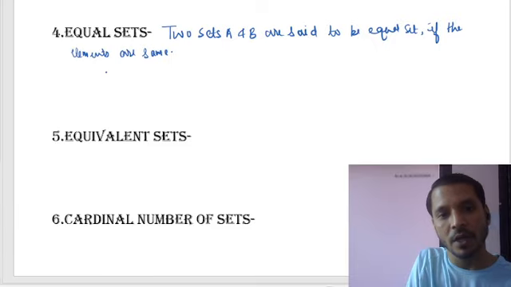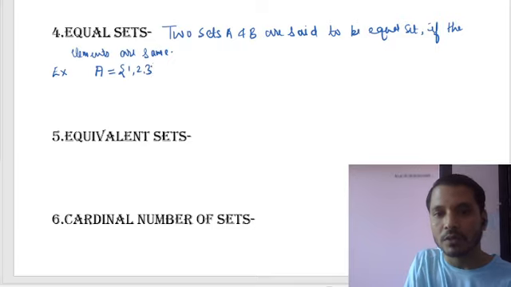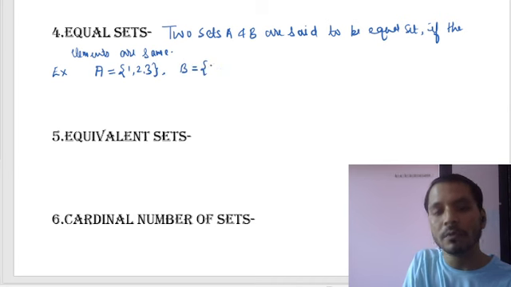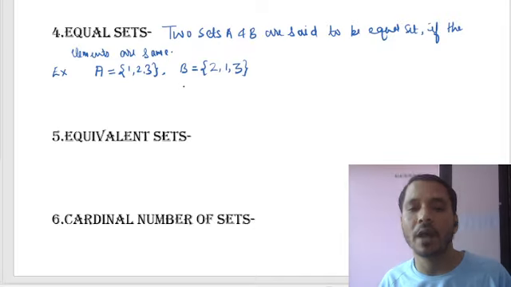Let us suppose here I am writing set A consists of elements. This is the example. Set A consists of 3 elements. Let us suppose I am writing randomly 1, 2, 3. So what will be the second set? Another set B should also consist of the same elements, but the order may be different. We can write 2, 1, 3, because order in a set doesn't matter.